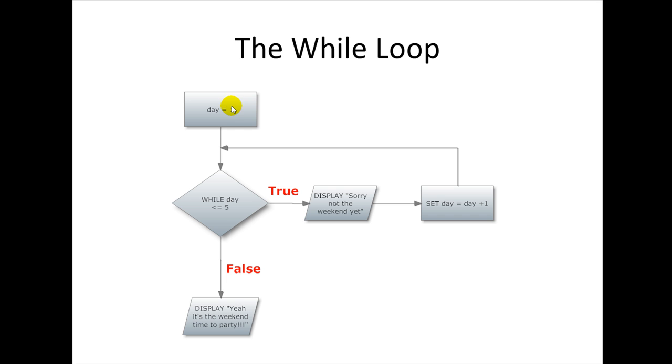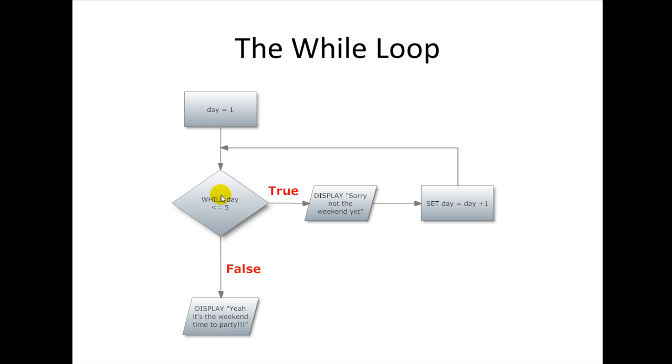I set day equal to 1, and then I come down into my loop, I'm using a while loop: while day is less than or equal to 5. So what I'm doing here is setting up the parameter, initializing day, so today is 1. Today is Monday.